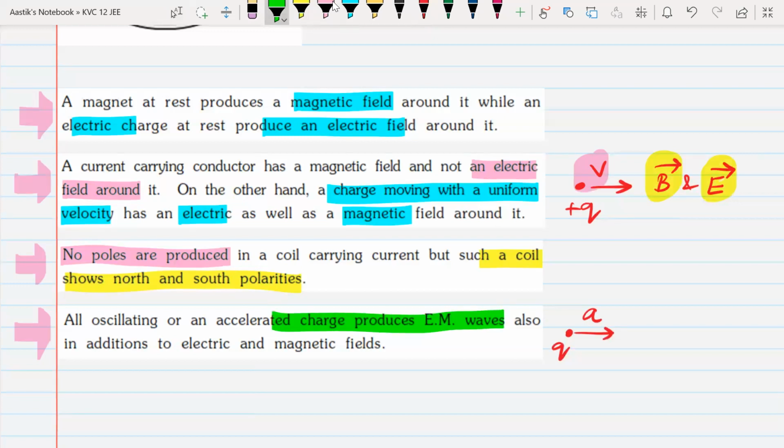It will produce an EM wave, an electromagnetic wave. This is how electromagnetic waves are produced. A current carrying wire does not create a pole. It creates a magnetic field, but it does not create a pole. But this wire shows the properties of a pole. Do we understand this?